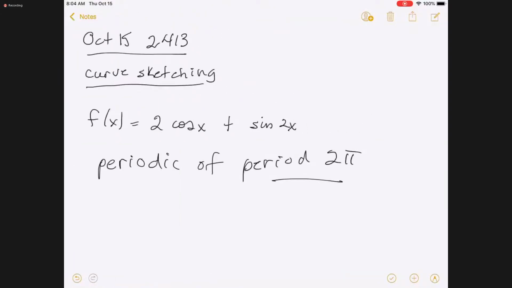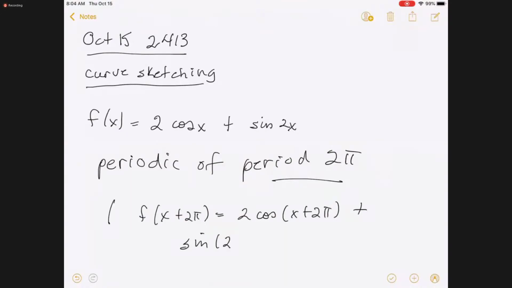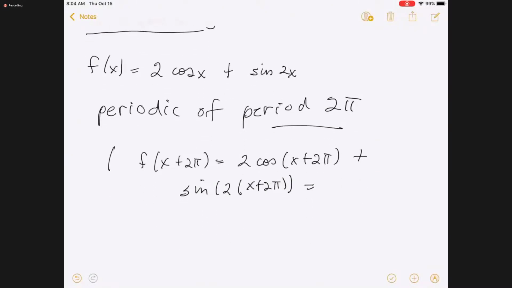Just to show you, if I put x plus 2 pi in for x, that's equal to 2 cosine of x plus 2 pi plus sine of 2 times x plus 2 pi, and I have to use the cosine of the sum of two angles and the sine of the sum of two angles.